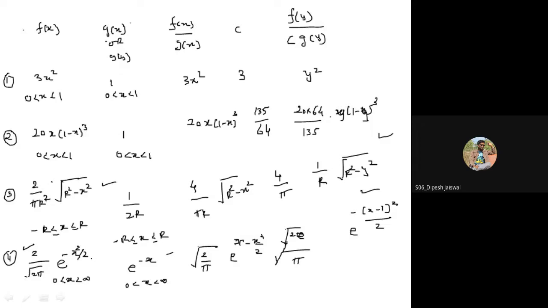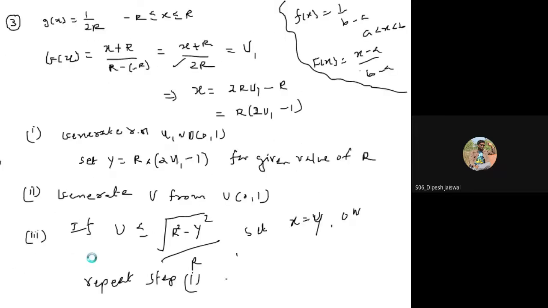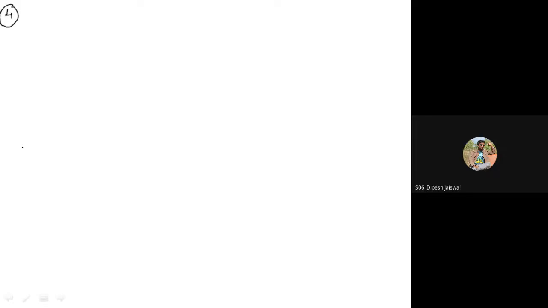What is the fourth? We wish to generate a random numbers from this density: 2 upon root 2 pi e raised to minus x square by 2. Here we'll consider the gx as a standard exponential. So what is the form? Anyone remember? No. Okay. We have given that g of y is equal to e raised to minus y. So capital G of y is 1 minus e raised to minus y. And if I am saying it is a u1, it is 1 minus e raised to minus y, which implies y equal to minus ln 1 minus u1.